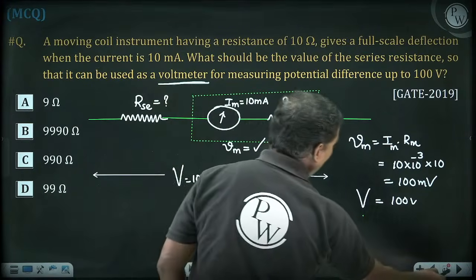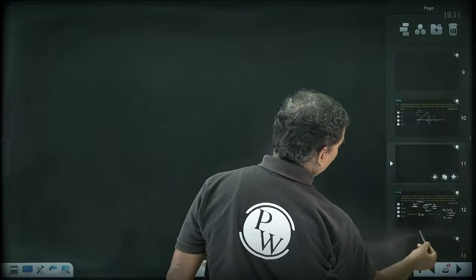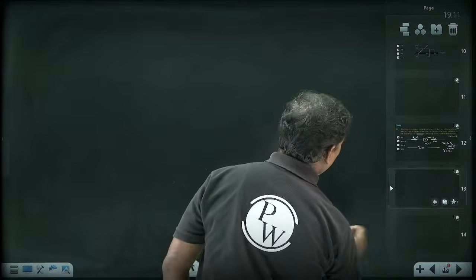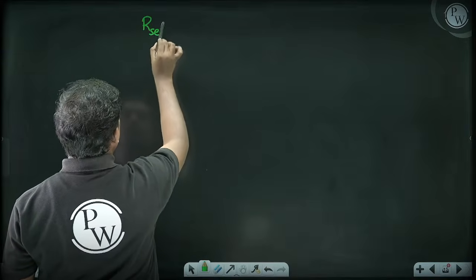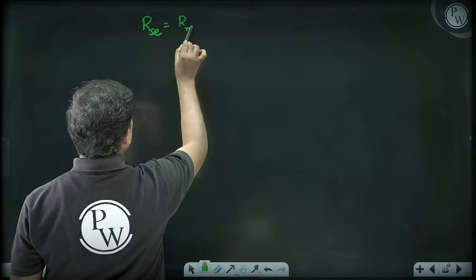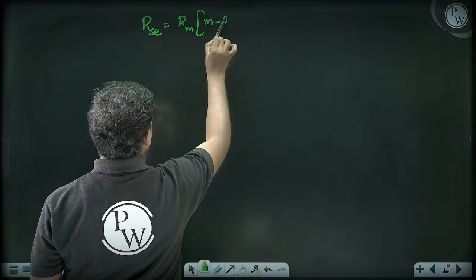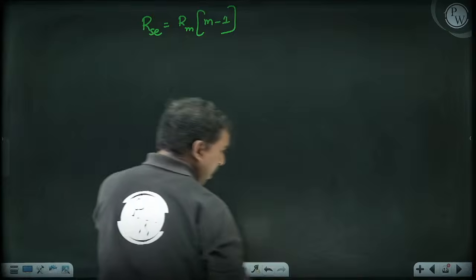So what is the formula now? Rse is equal to, what is the formula I can use? That formula is Rse is equal to Rm into (m minus 1), that is the formula I have to use.